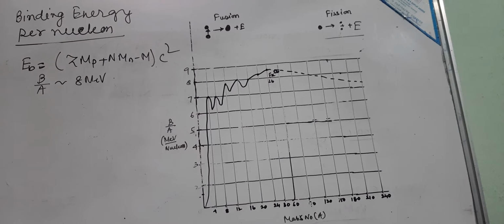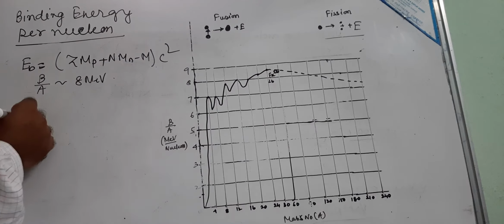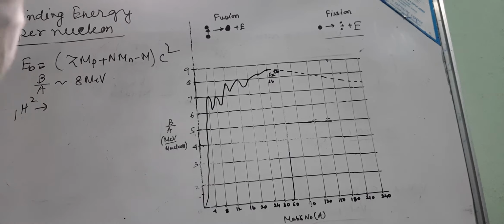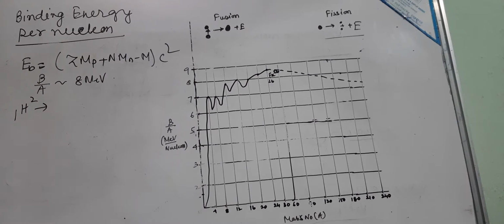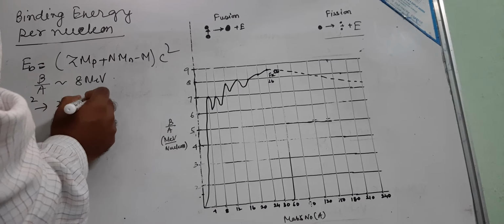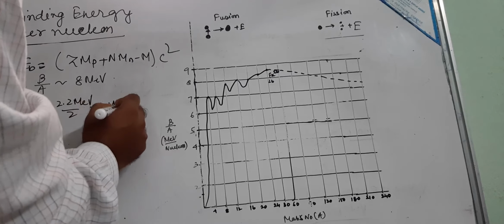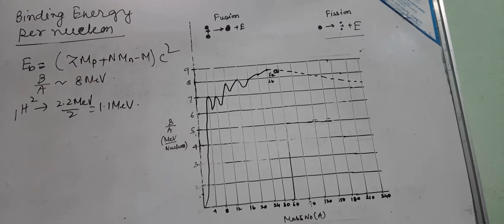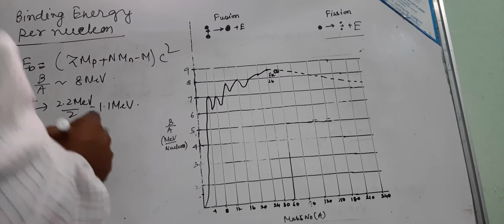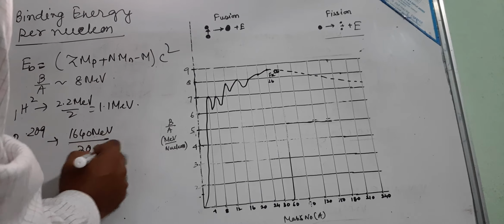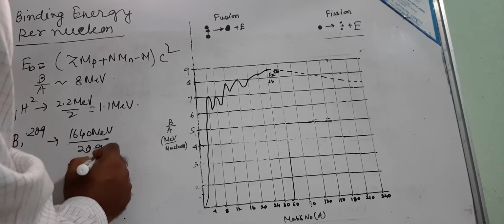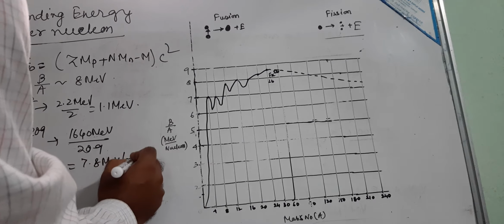In the case of a deuteron, 1H2, we calculated the binding energy as 2.2 MeV, so the binding energy per nucleon is 2.2 MeV divided by 2, that is 1.1 MeV. But in the case of the bismuth isotope 83-209, its binding energy per nucleon is 1640 MeV divided by 209, which comes out to be 7.8 MeV per nucleon.